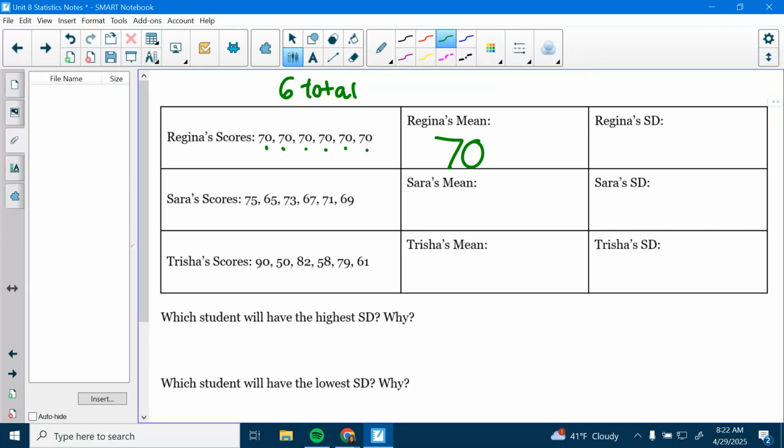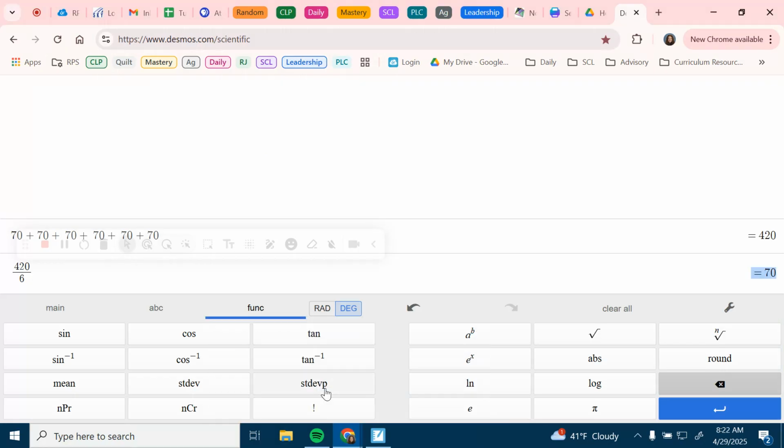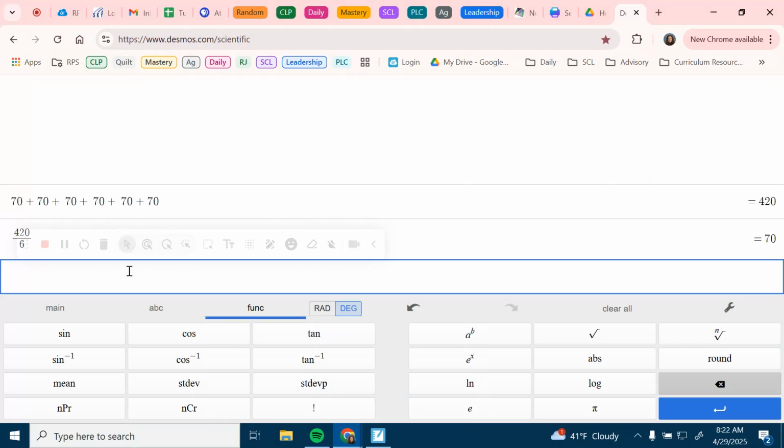I'm going to do the same thing for Sarah's scores. I'm going to go to my calculator, add them all up and find the mean. So I have 75 plus 75 plus 65 plus 73 plus 67 plus, what's my last value? 69.